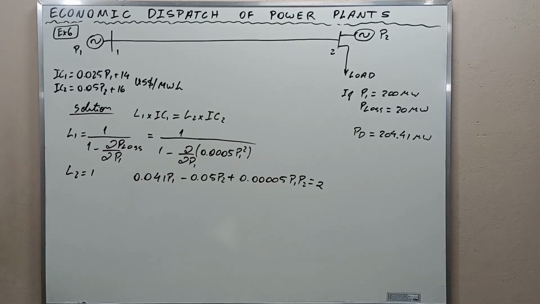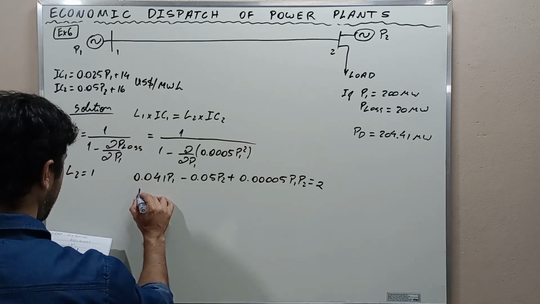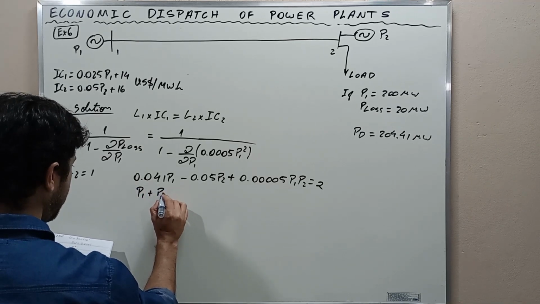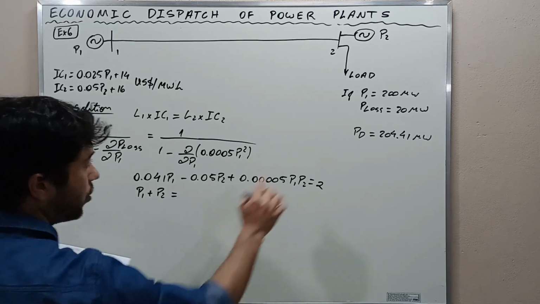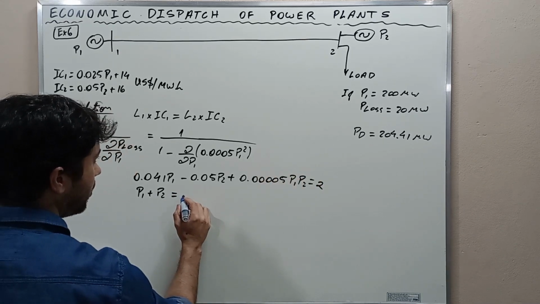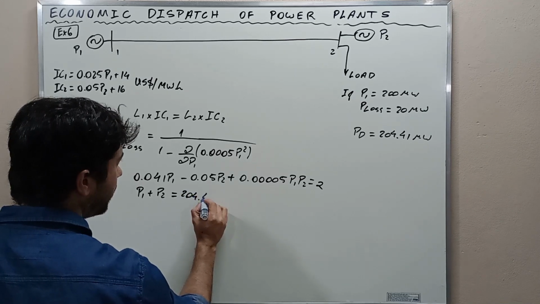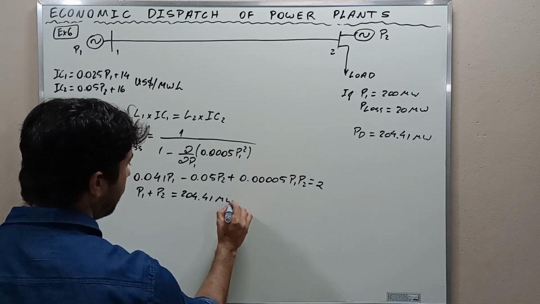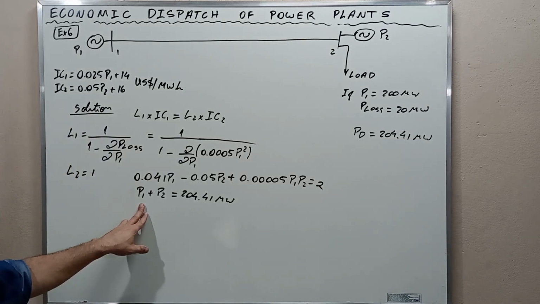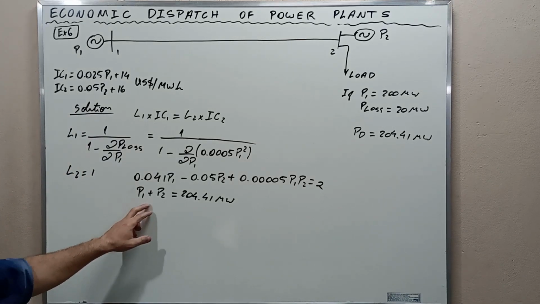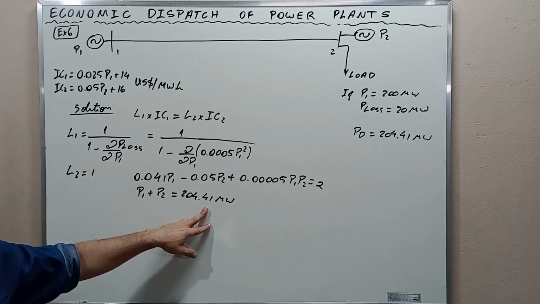the other expression that we are going to use is the one that says that P1 plus P2 has to be equal to the power of the load, the demand, 204.41 megawatts. But here we are not taking account of the losses.